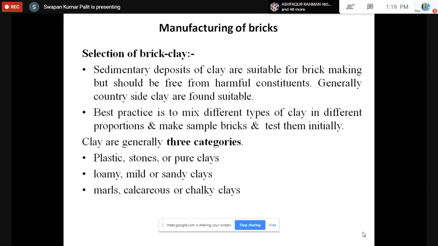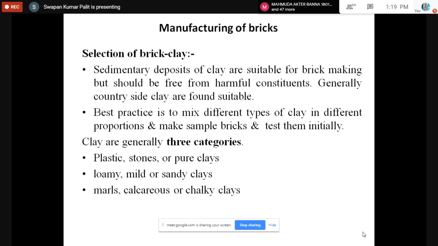So which samples are giving the best? That means the bricks which give you the higher strength will be the best material for brick preparation. So this is the selection of brick clay. That means trial and error method.